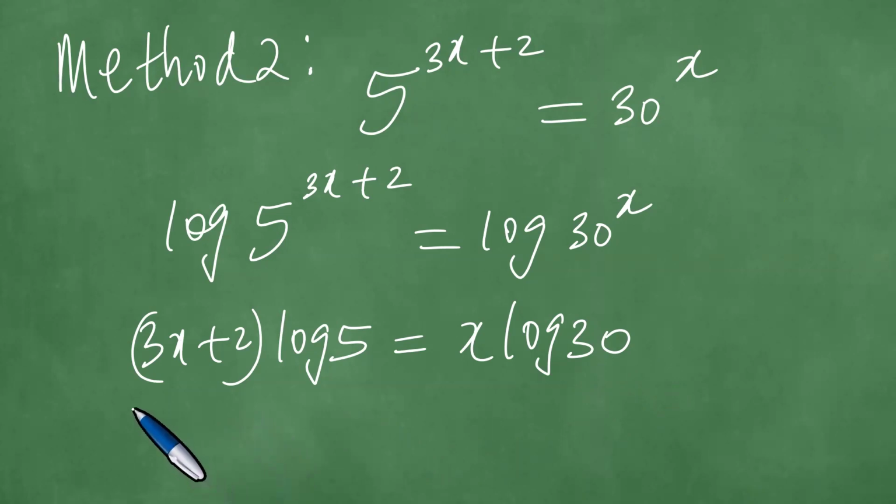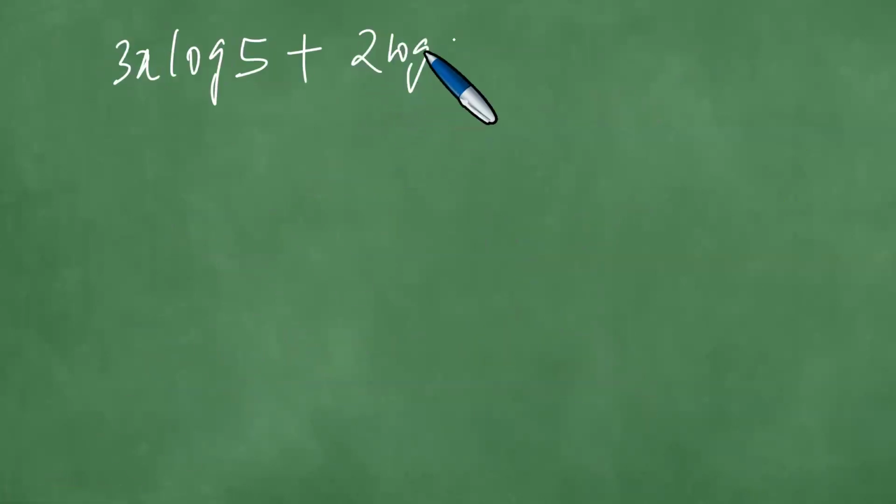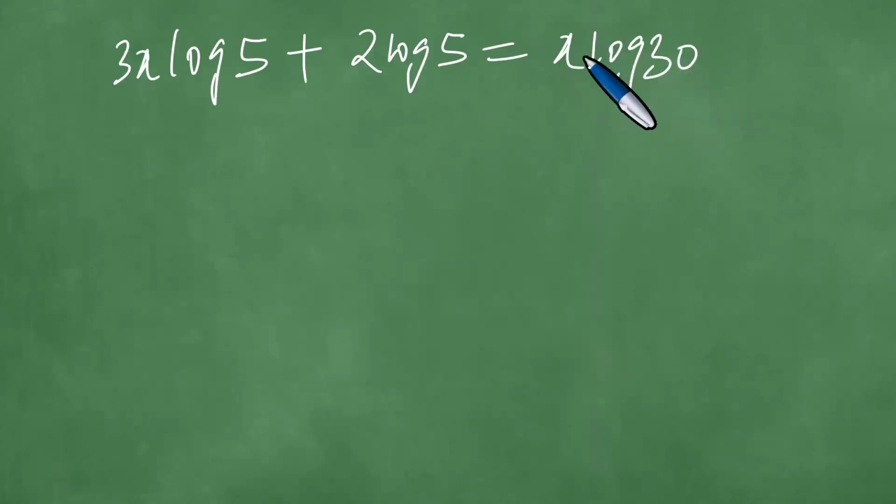We distribute here, which means that you have 3x log 5 plus 2 log 5, which is x log 30, which is 3x log 5 plus 2 log 5 is equal to x, the logarithm of 30.